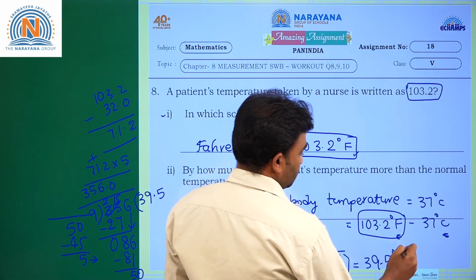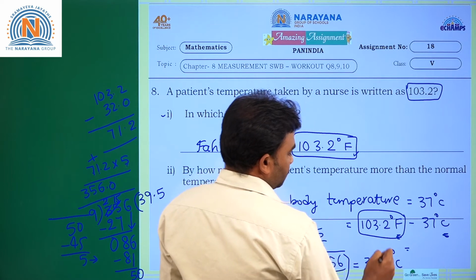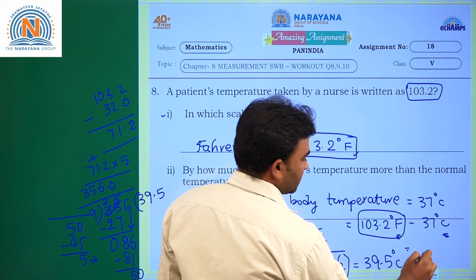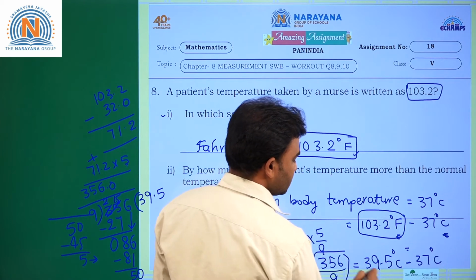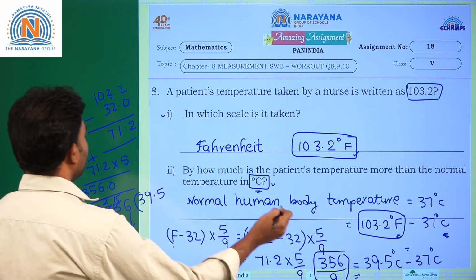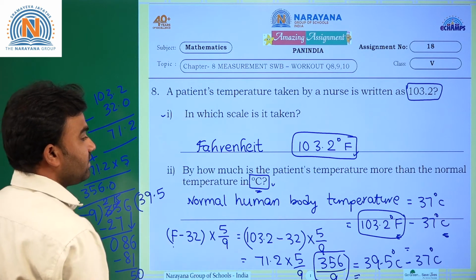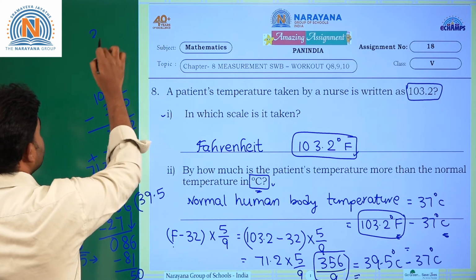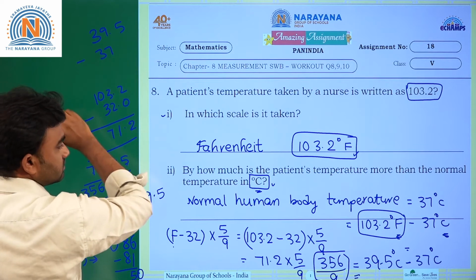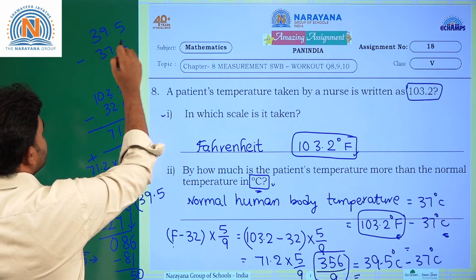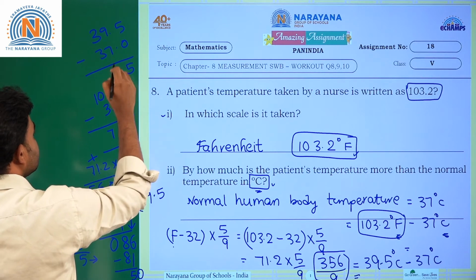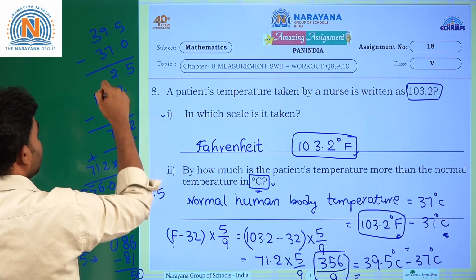So, 39.5 degree Celsius minus 37 degree Celsius. Now again subtract 39.5 and 37.0. 5 minus 0 is 5, 9 minus 7 is 2, 3 minus 3 is 0.